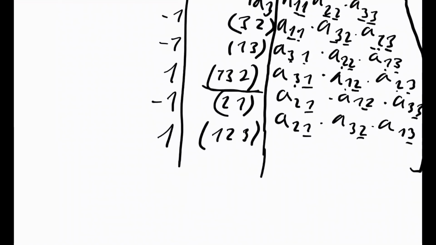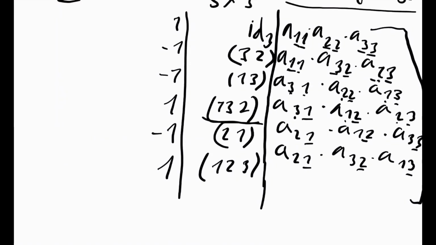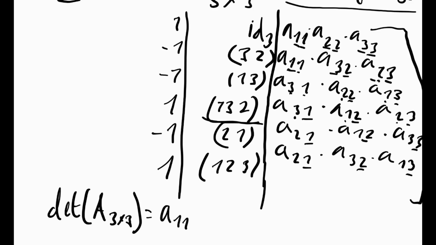So the determinant of a 3x3 matrix is basically defined this way. Determinant of a 3x3 matrix is the addition of these, and we have to put the proper sign. So the first row product is this one. We just put a plus in front of it because we multiply by 1. So we actually add them, but we either multiply them by +1 or -1. That's what causes the signs between them.